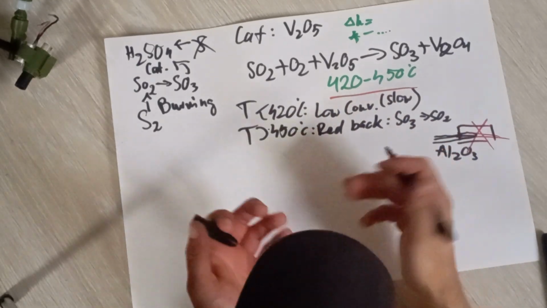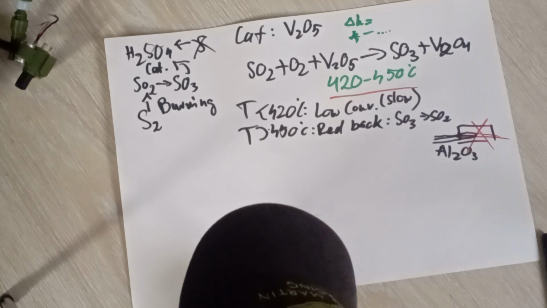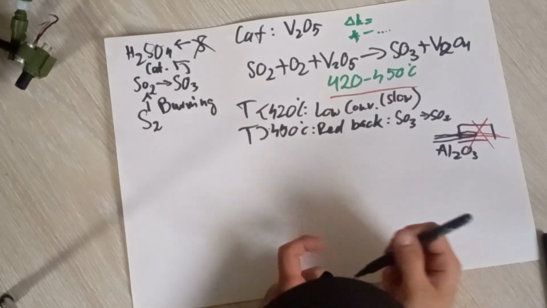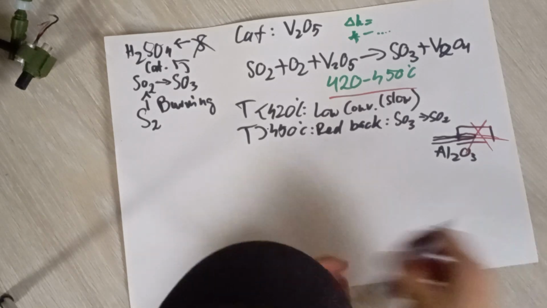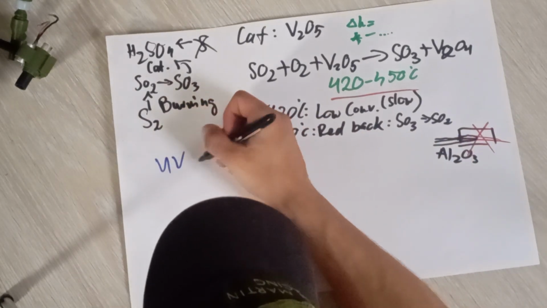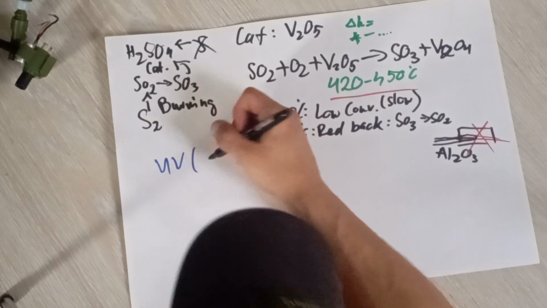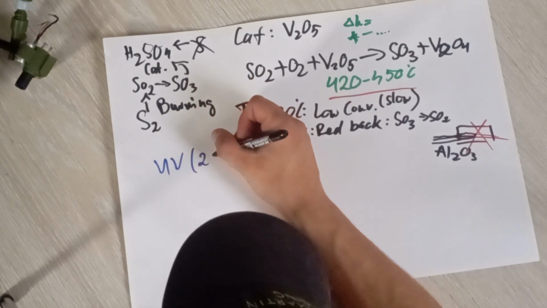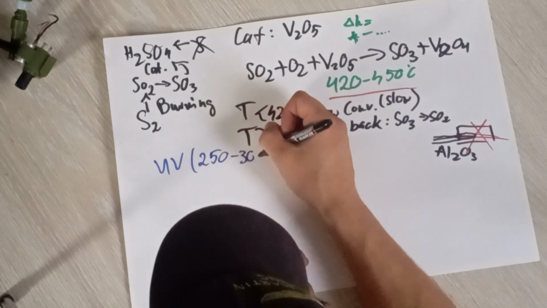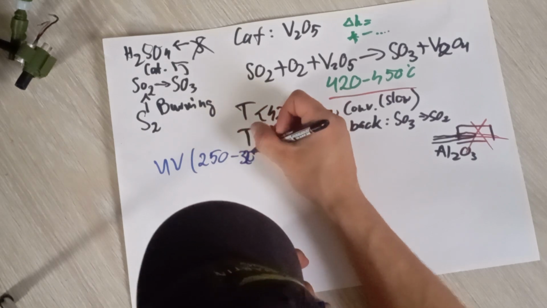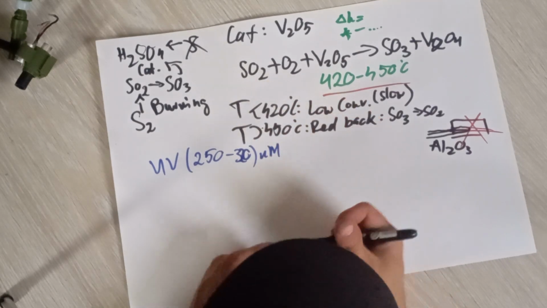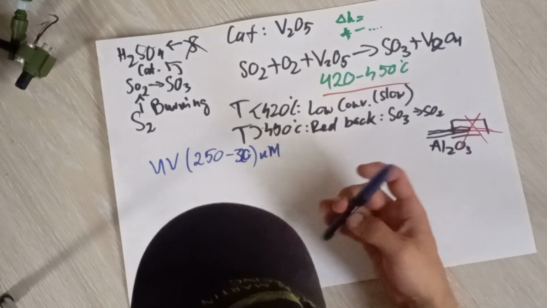I thought to myself, well, if they do this in the industry, what is another way that they do this? They basically use UV light. So they use UV, around 250 to 300-ish, 320, let's say, nanometers of wavelength.